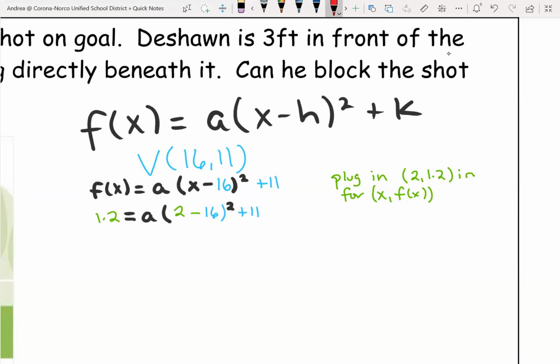Now I'm just going to do the math to solve for a. Order of operations tells me to do this first: I get 1.2 equals a times 2 minus 16, which is negative 14, squared, plus 11.